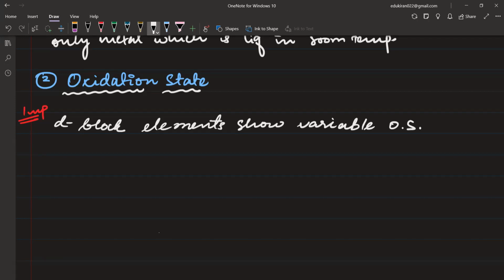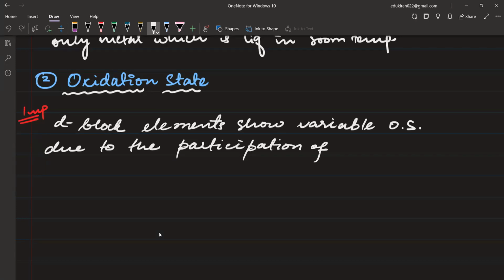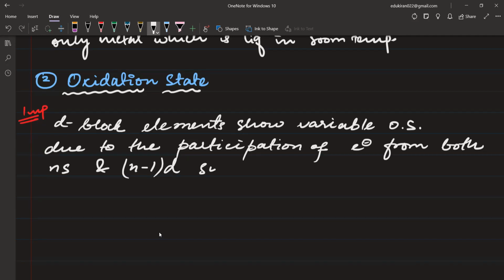They show variable oxidation state due to the participation of electrons from both ns and (n-1)d subshells. For example, if I look at Fe, Fe can show Fe2+.